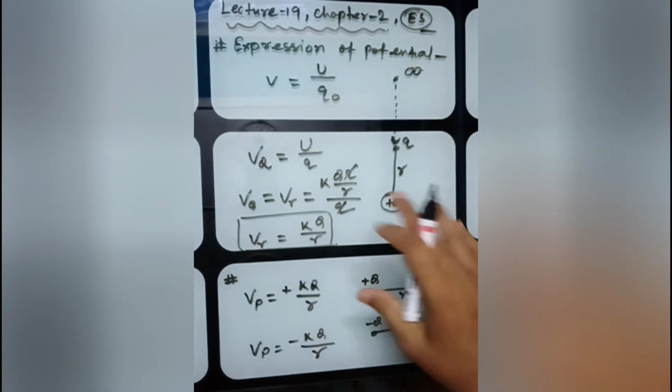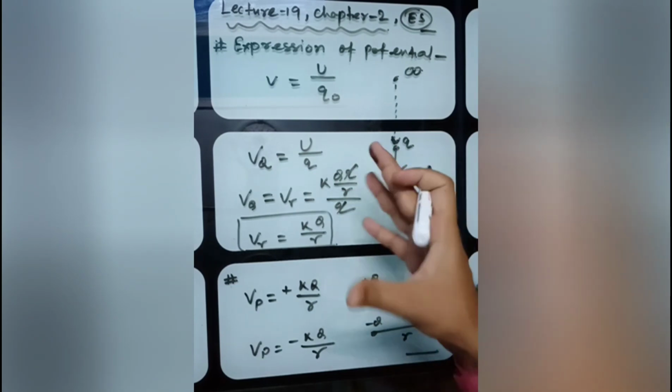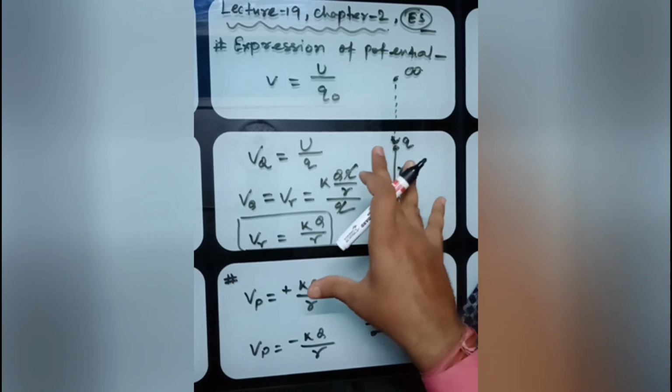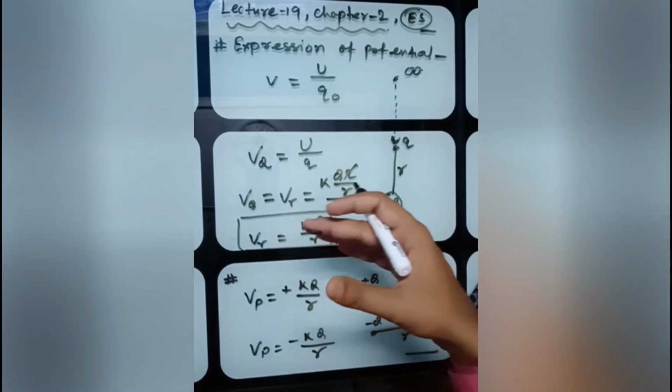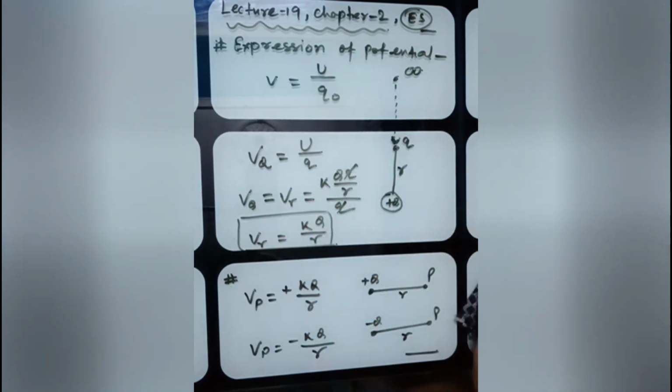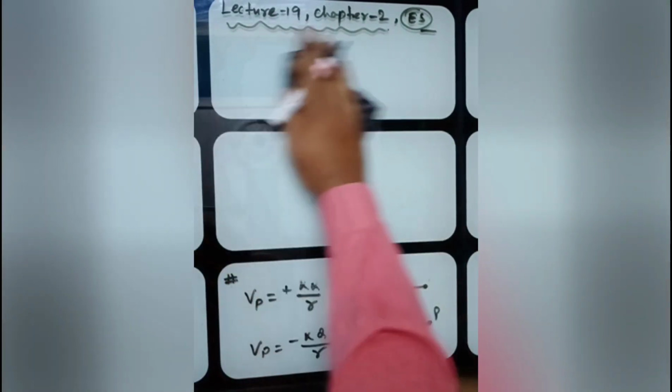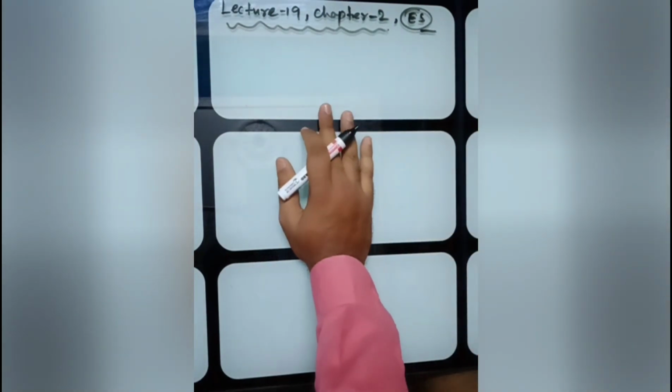Now we will solve a few simple questions, my dear students, and then we will move to another concept that you have to face in your board examination. Kindly note down. I am rubbing this one. Okay, a very simple question for the potential.